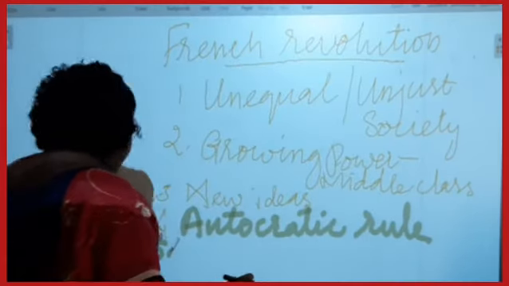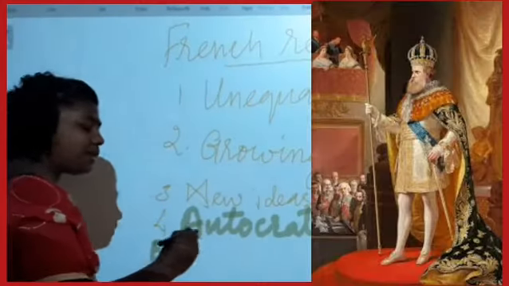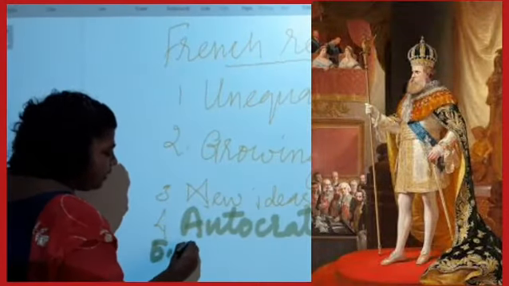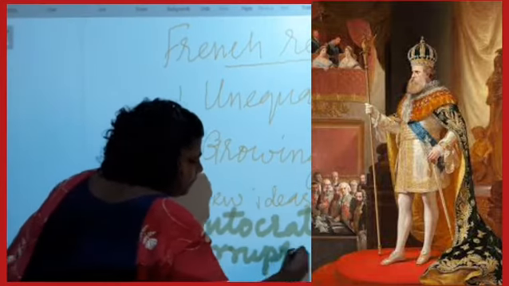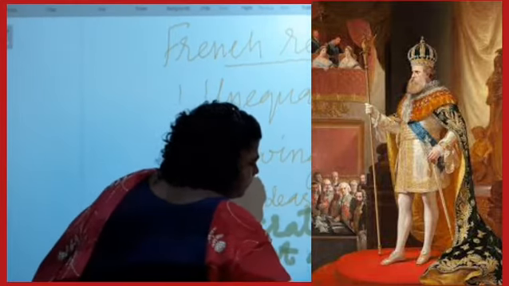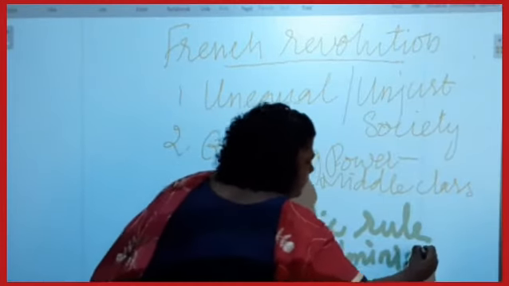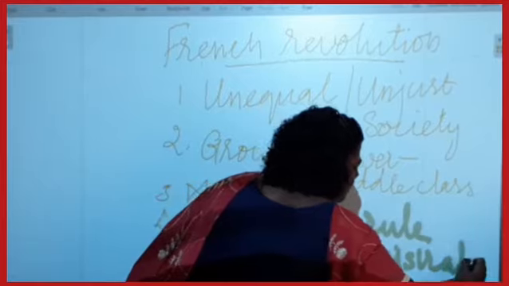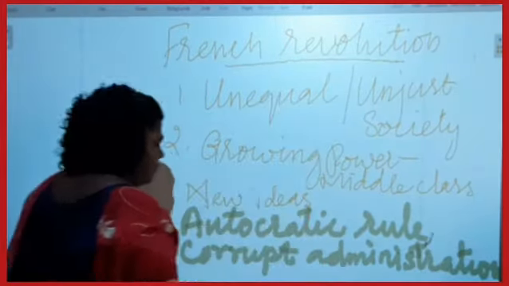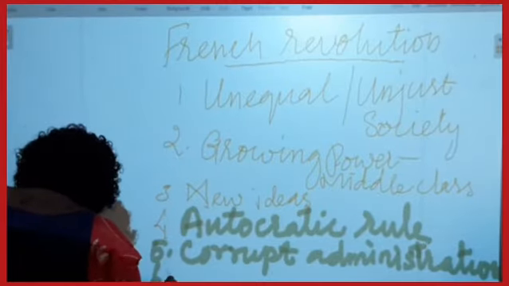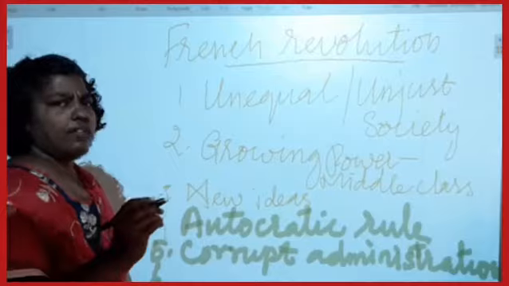And the fifth point is inefficient and corrupt rulers or corrupt administration. And the sixth one is selfish and unconcerned government.